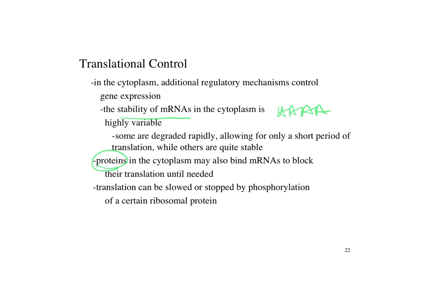There's also some proteins that can bind mRNAs to block translation. Also, other RNAs can do that too by complementary base pairing. And then we can also slow or stop translation by phosphorylating some of the ribosome. So we mess with the ribosome, and that we can control a little bit of translation.